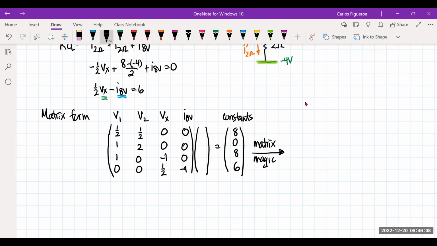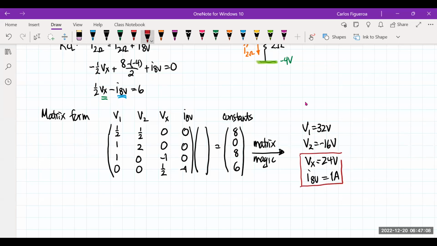And what do I see? I get V1, which is 32 volts. I get V2, which is minus 16 volts. Then I get Vx, which is 24 volts. And finally, I8, which is 1 amp. These are the values that I need, right? These are my solved equations.